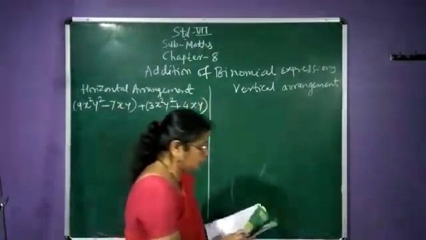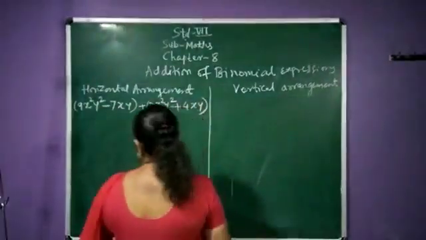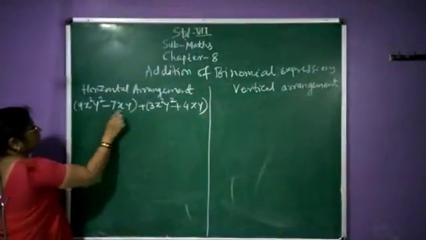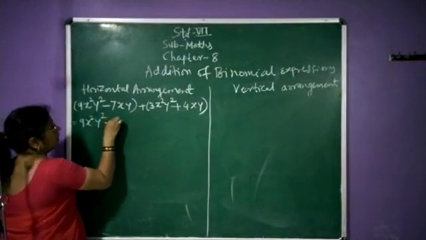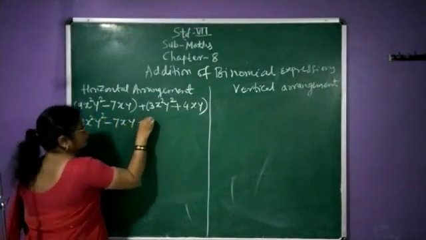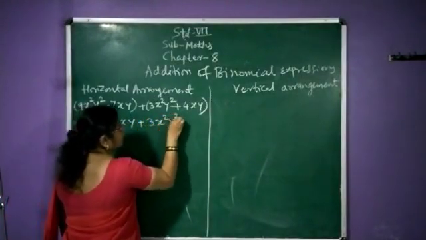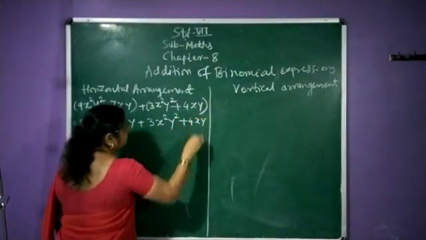You have to do this by both arrangements. First we will see the horizontal arrangement: 9x square y square minus 7xy plus 3x square y square plus 4xy.